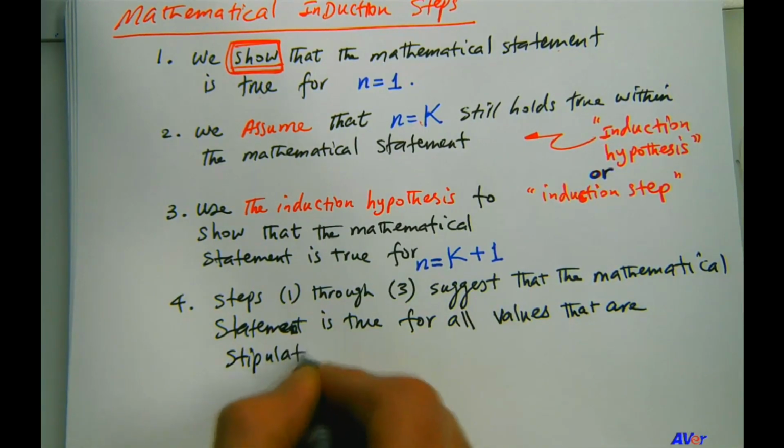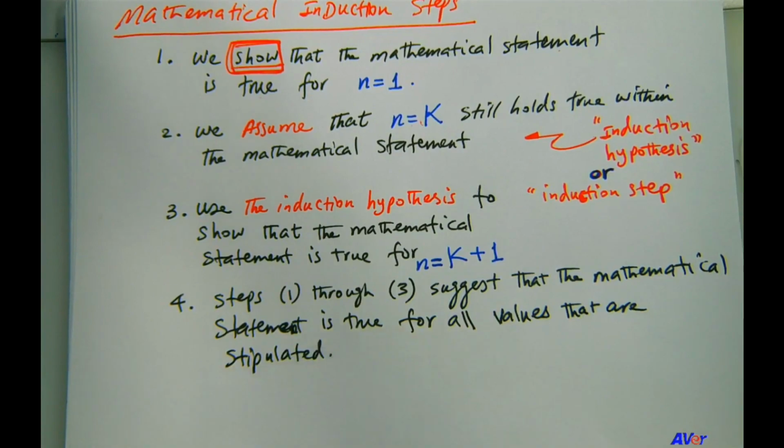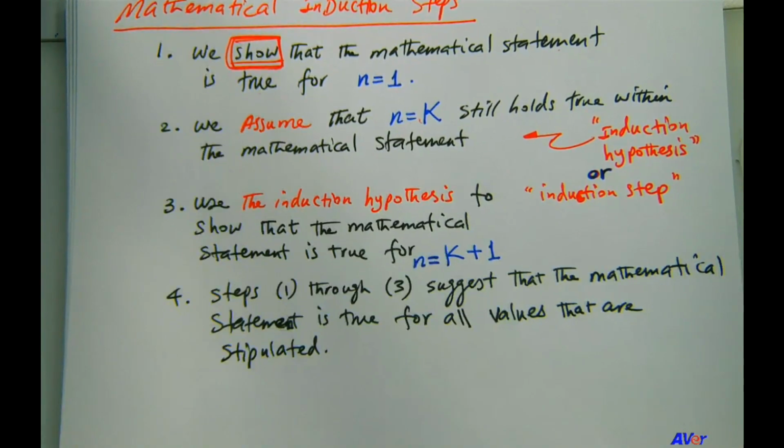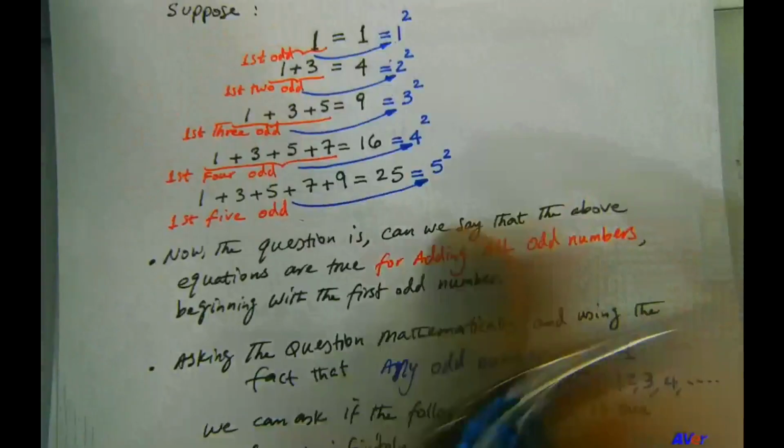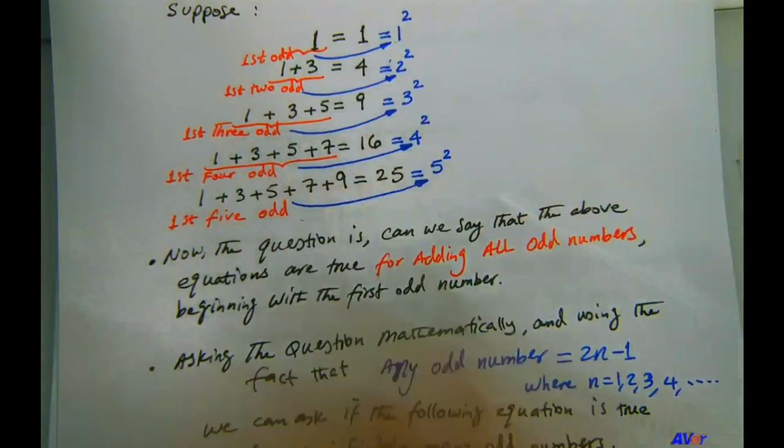That means this last part, all values that are stipulated, I mean, for the example we gave here, that would be all odd numbers. Okay, that's what I mean.